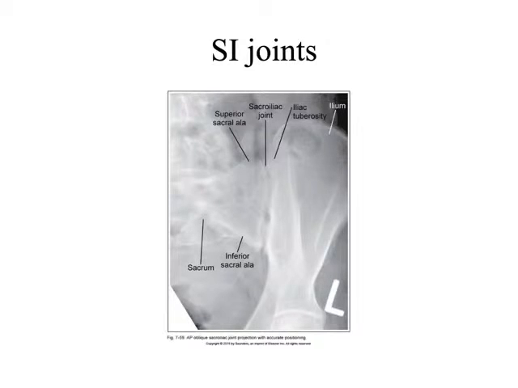So what are some of the things that we're seeing? What can we say about the SI joint itself, the sacroiliac joint? How would we describe its appearance on this image?